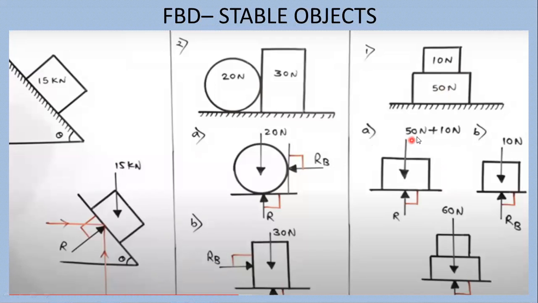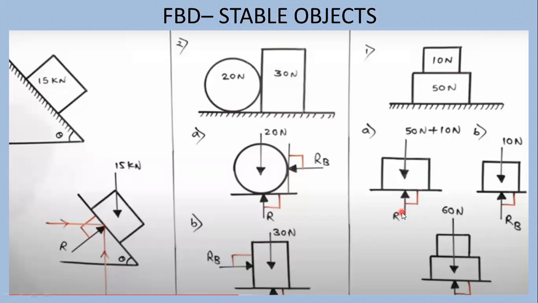In first case, 50 plus 10, that is the 60 Newton, while considering the first object, because the second object is resting over this first object. So that's why we have to consider that force also in case of the lower object, that is 50 Newton. Okay. And reaction R is acting in upward direction.